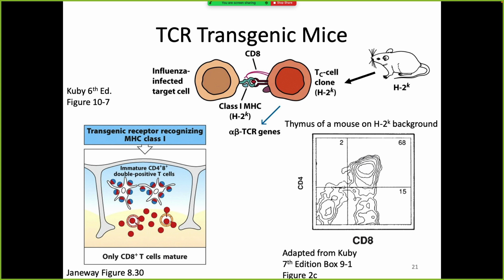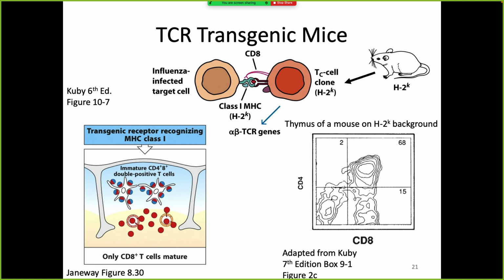So what you do in the case of TCR transgenic mice is you take some mouse who's just great, you just love that mouse, and you have that mouse make a T cell response. Perhaps you infect it with influenza so that you get it making a really good influenza T cell response.